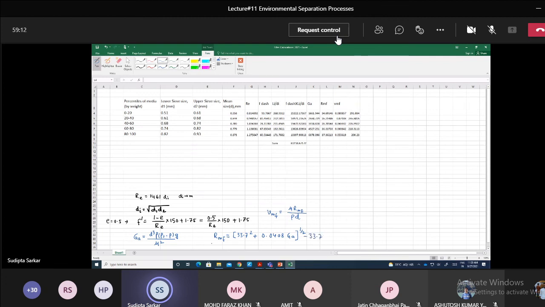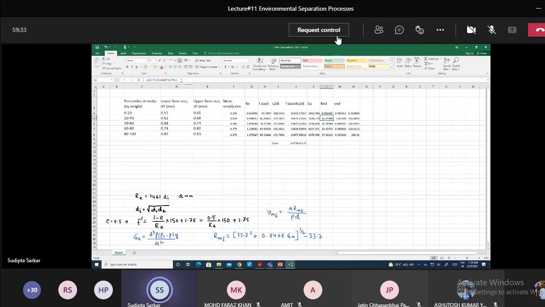So you have to do it like this, equals to minus 33.7. So when I do this, everything gets changed, and you have this number 19.63.